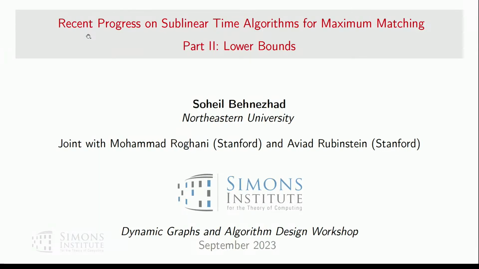And good morning, everybody. So this is the second part of my talk. I'll continue to talk about recent progress on sublinear time algorithms for maximum matching. And what I'll be talking about today is based on joint works with Mohammad Roghani, who is sitting here, and Aviad Rubinstein. In the first part of the talk, I talked about sublinear algorithms more on the algorithmic side.